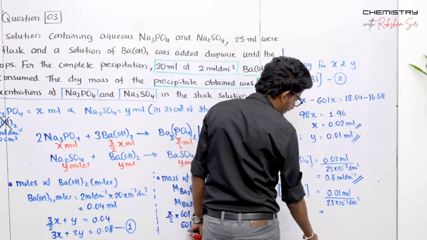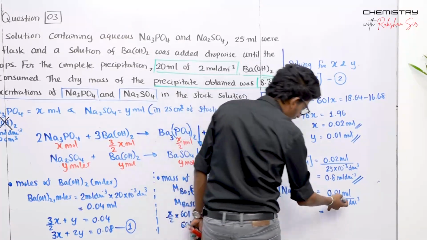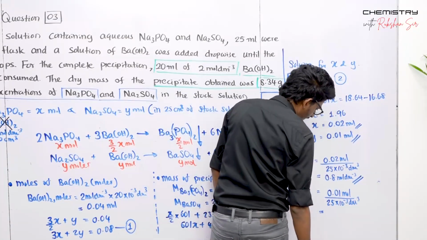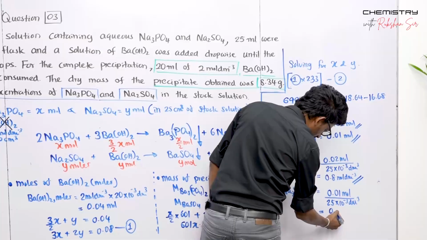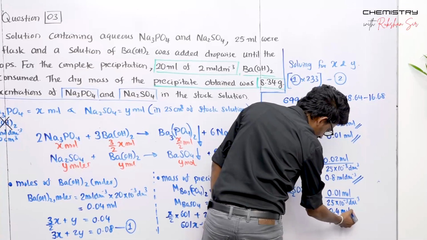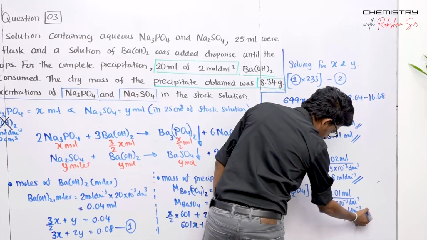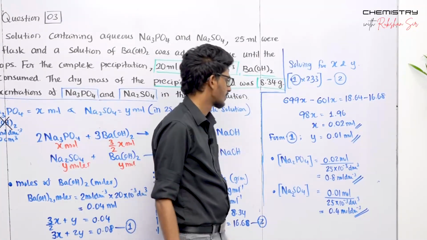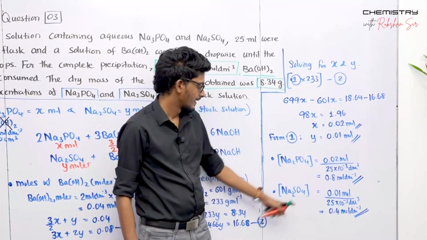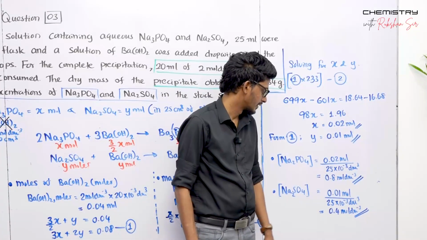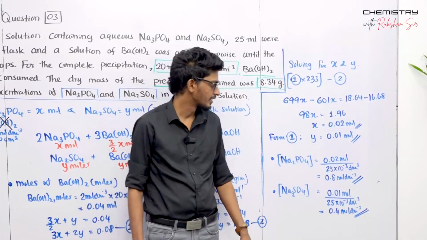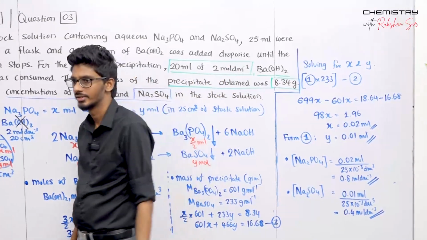So it is going to be 0.4, no? So those are the two concentrations. We have achieved the goal, coming up with the two concentrations. Let's complete the note.